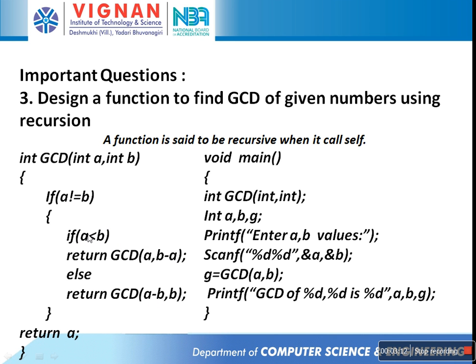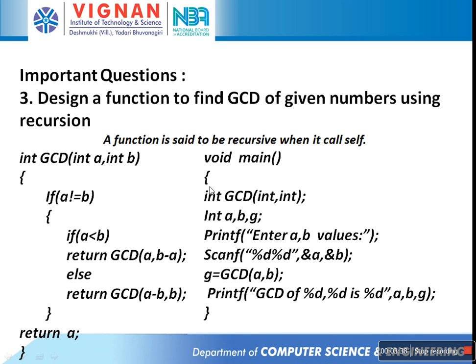Now if a is less than b is false, then a is greater, so from the greater value the smaller value is subtracted and the smaller value remains as it is, and we make the call to GCD with those modified values. The procedure continues until you come across both a and b with the same value; if yes, then it immediately returns that value, which we consider as the GCD of the given two numbers.